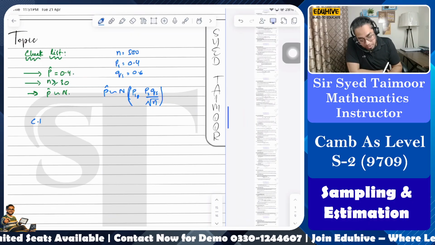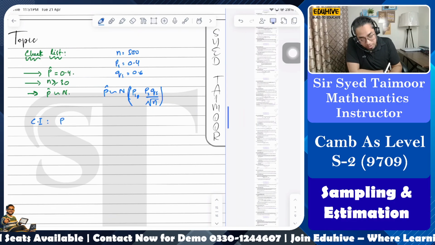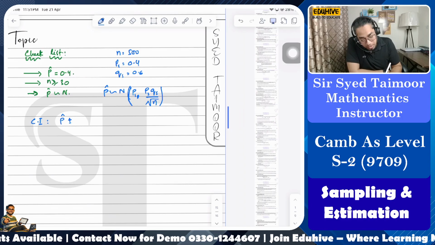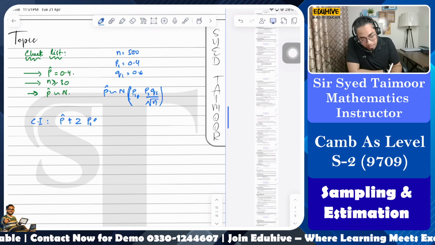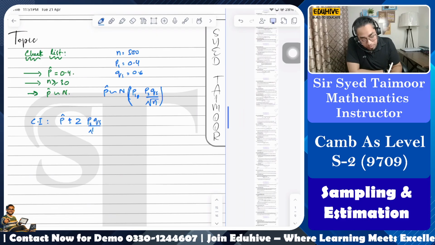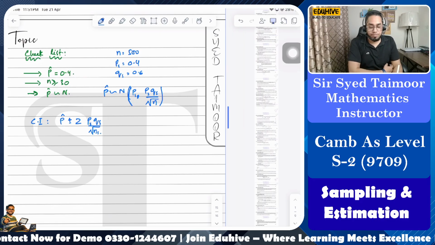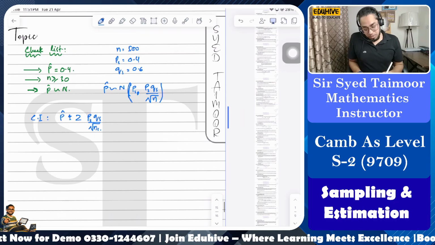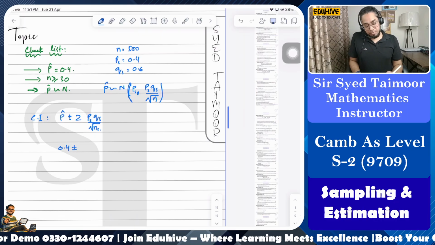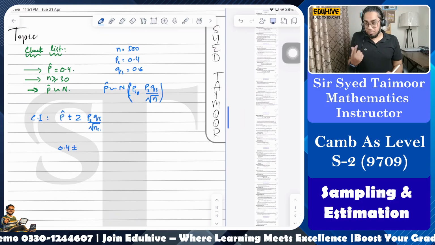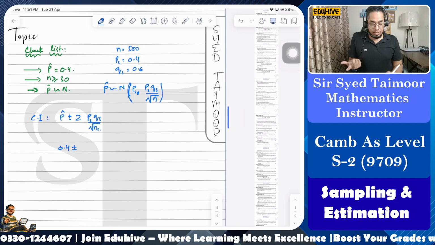And for the confidence interval, it must be proportion plus minus z times the square root of PS QS over n. So I'm getting 0.4 plus minus, and what should the value for z be?